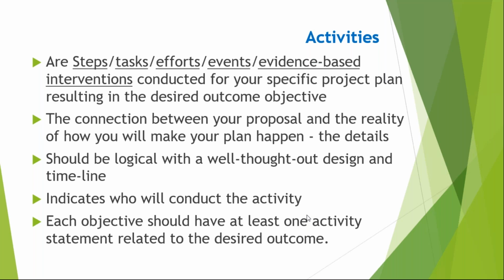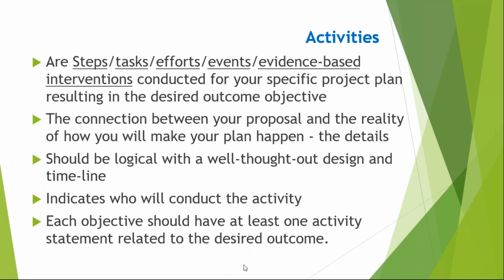The activities, I said earlier, you have to indicate who's going to conduct them. And just as a note, because I've had some questions, each objective should have at least one activity statement related to that desired outcome.